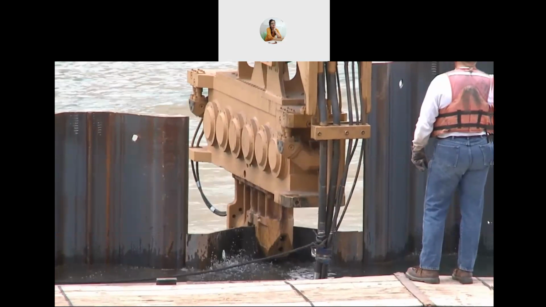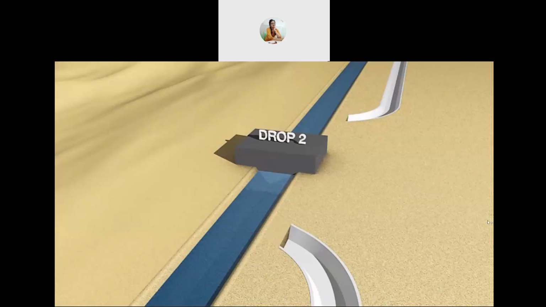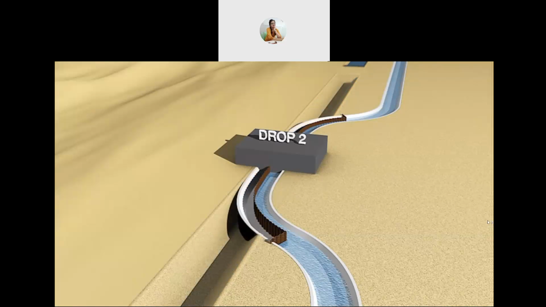Those were the challenges. How do we tie this new concrete canal back to the old drop structures without interrupting flow? And so there were some unique things done on sheet piling, on doing half the canal at one time and driving the sheet piling, cutting it off, dewatering it, putting in the concrete lining, and then pulling the ends out, letting water start flowing back through, and flipping it back over and doing the other side.